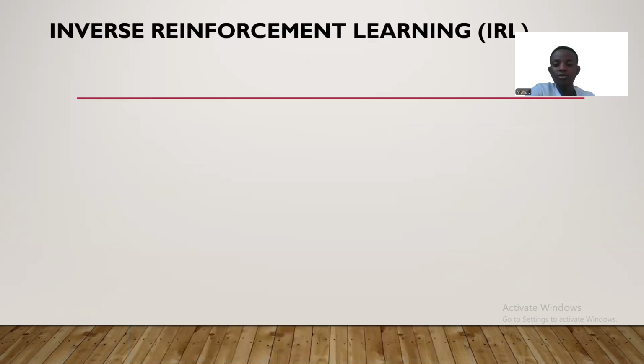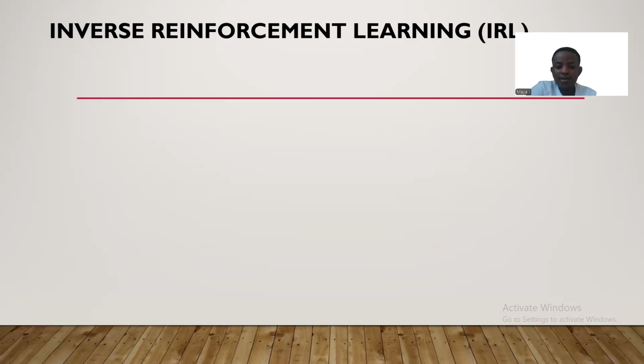So inverse reinforcement learning. Inverse reinforcement learning is the opposite. And so, as we've said in reinforcement learning, an agent acts on the environment and uses the predefined reward function to evaluate the outcomes of its actions, which are called rewards.